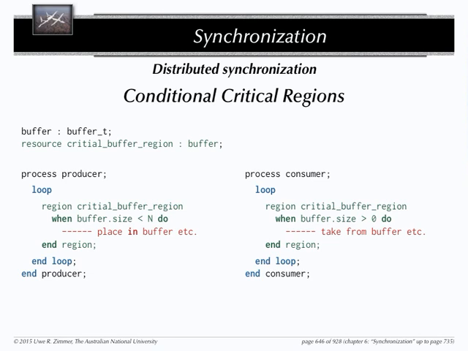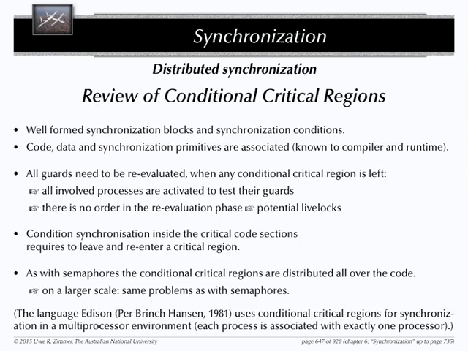Conditional critical regions, what was the idea there? You had the condition which you want to test before you go into a critical region. You have this condition actually explicitly coded and associated with the critical region. So far, with those semaphores, what you're actually waiting for is in your head.